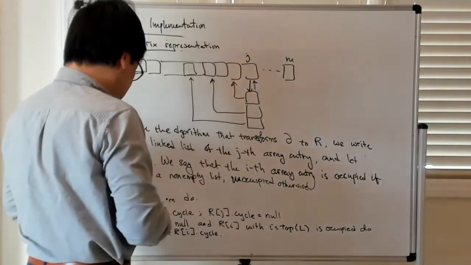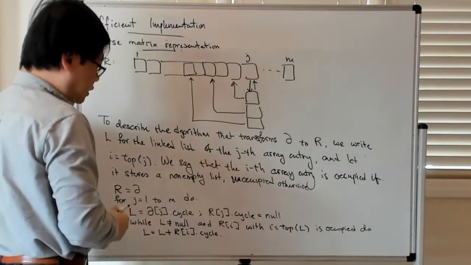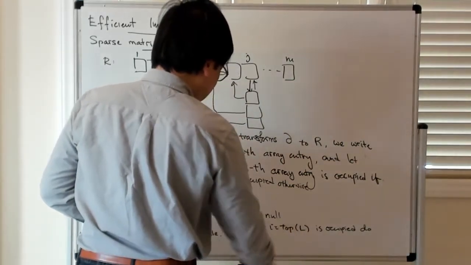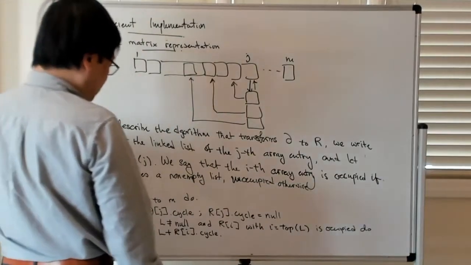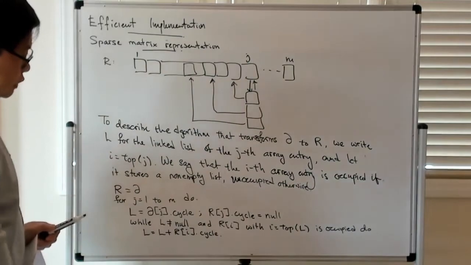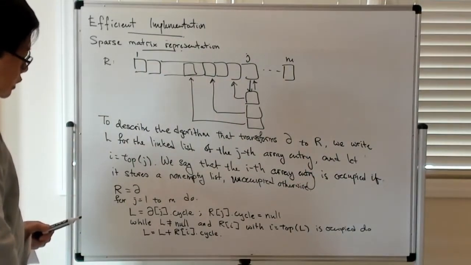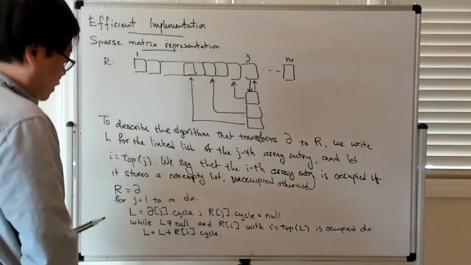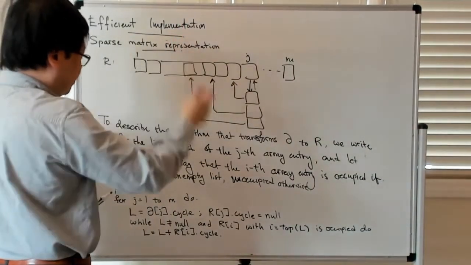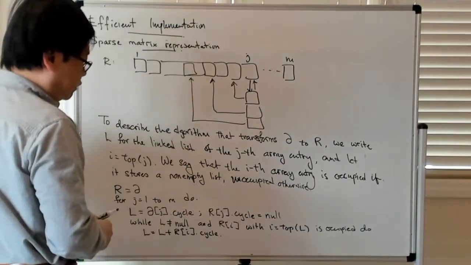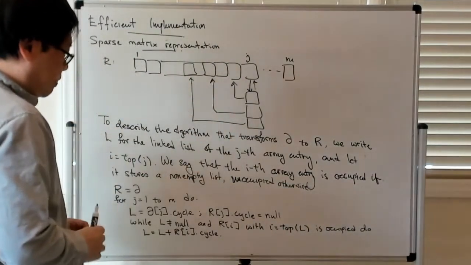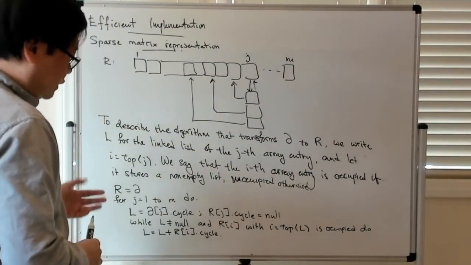So in particular, I, which is the top of L, is less than or equal to J. So what this is basically doing is that you're trying to look for a column of R where it has this lowest one issue.